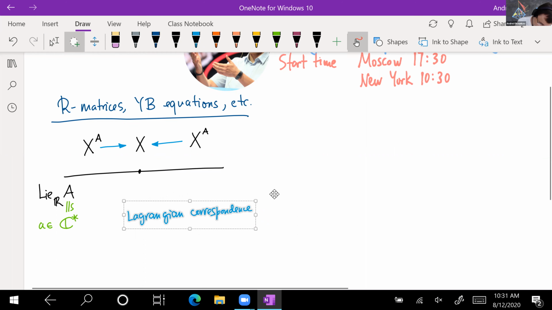This is one stable envelope. Maybe call this cone C plus, and then there's a C minus cone.